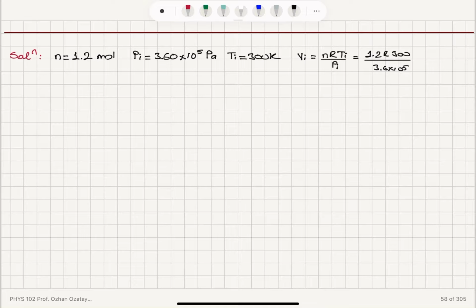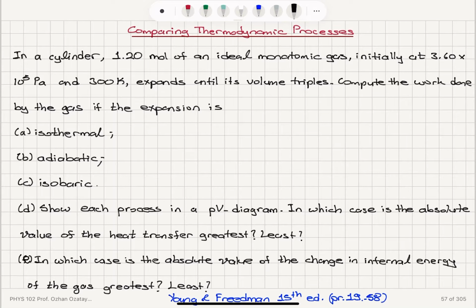So we can see that V initial is equal to 0.001 R. This is in meters cubed. And V final is 3 V initial, which is 0.003 R, because I was told that the volume triples.